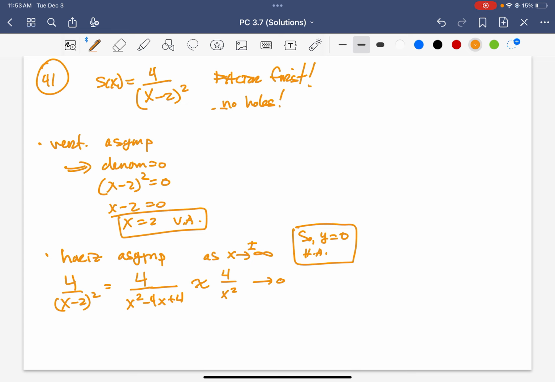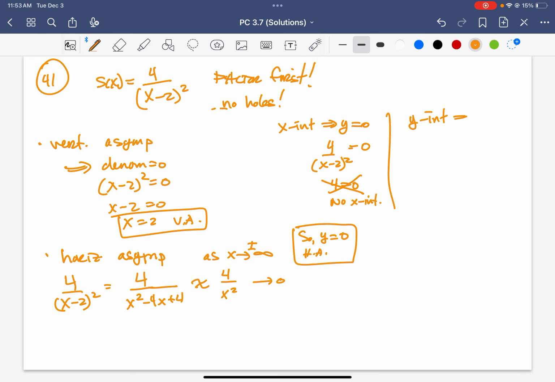Then let's do our intercepts. The x-intercept is where y equals 0. So take my whole function and set it equal to 0. The only way that can happen is if the top is equal to 0, but that means there are no x-intercepts because 4 can never be equal to 0.